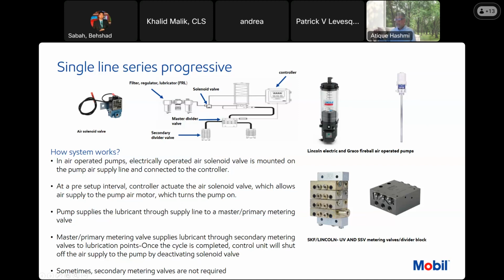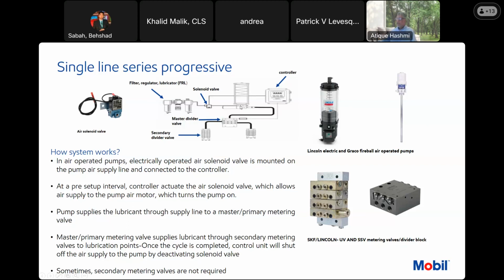And I will explain how we set up those times and how we select these valves. So once the air solenoid valve is open, usually they are normally open, I think. When it is actuated, it will allow air supply into the pump, and then the pump will run.